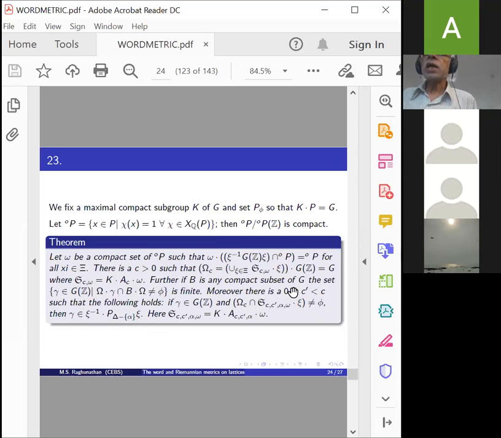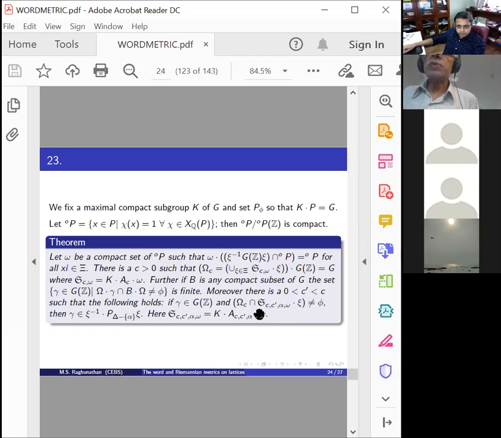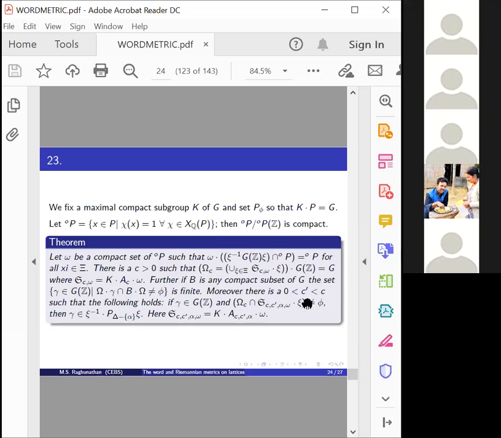Also, here is an extra statement which is needed for us. Given this B, once this B is given to us, there is a C prime in C such that the following holds.